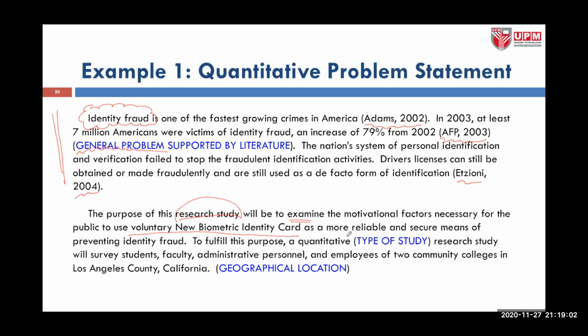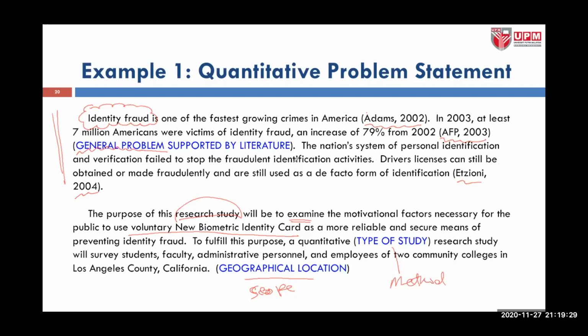And then you also put the advantages of your proposal. And then you also highlight the methodology here, the type of study, and then the geographical location, basically the scope of the study.